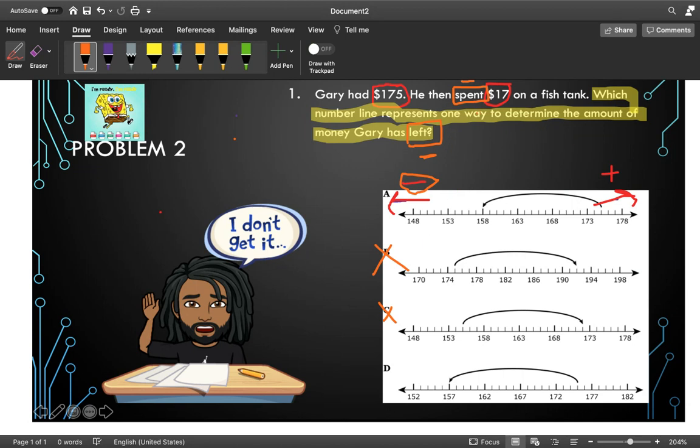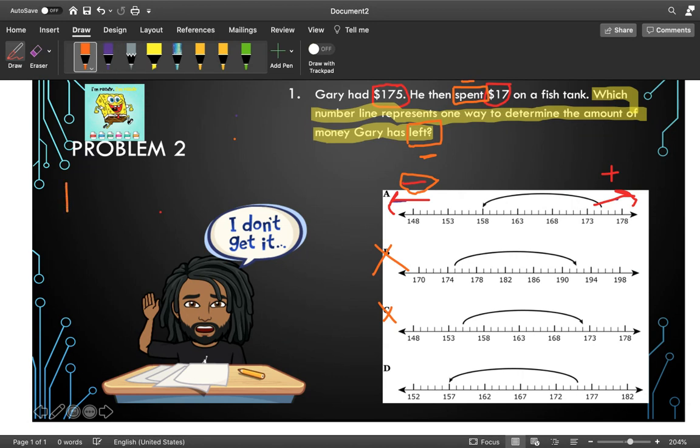All right. So now we need to find out how we can find our solution. Now we have our two numbers, 175 and he spent 17. So let's look at it. 175, spent means subtracted. So 175 subtracted by 17 should give us our end amount, or what's left. So let's do a standard algorithm real quick for this.